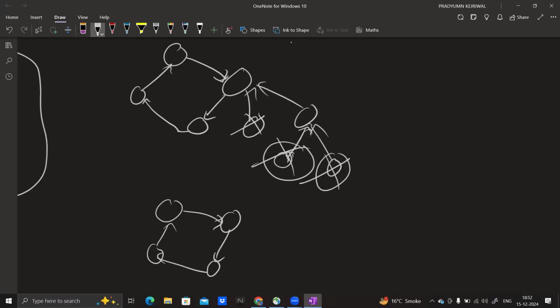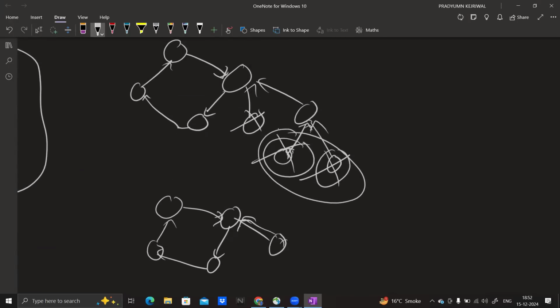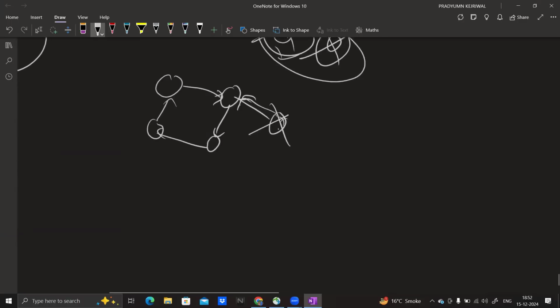After the first year, it becomes like this, and now this one will give to that, but no one is here to give to him, right? Because the one who was there, like they died. These two nodes did give to him, but they died. So therefore, now no one will give to him. So in this iteration, he will die. So finally, what we are left with is this, and it's a cycle.